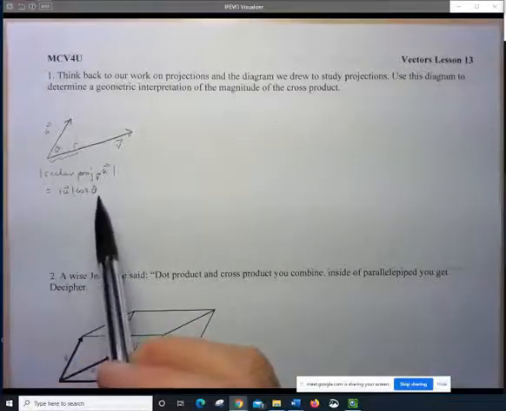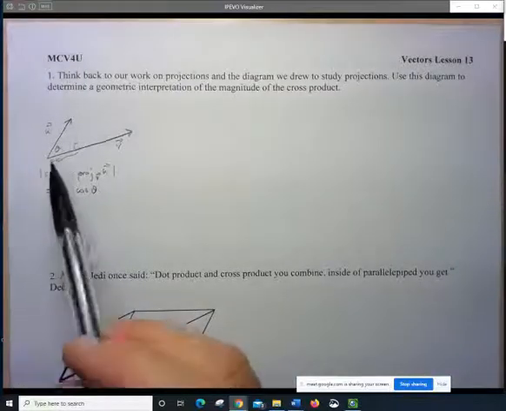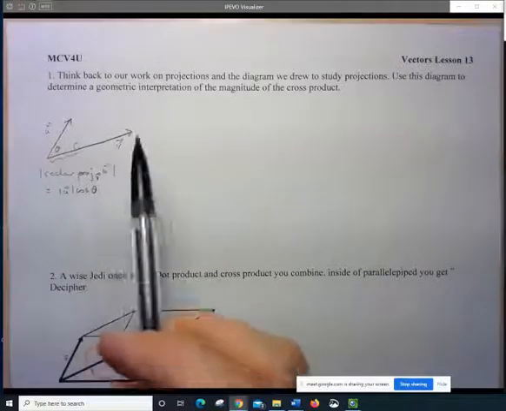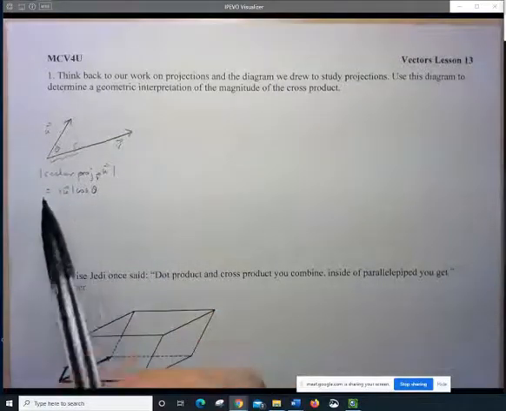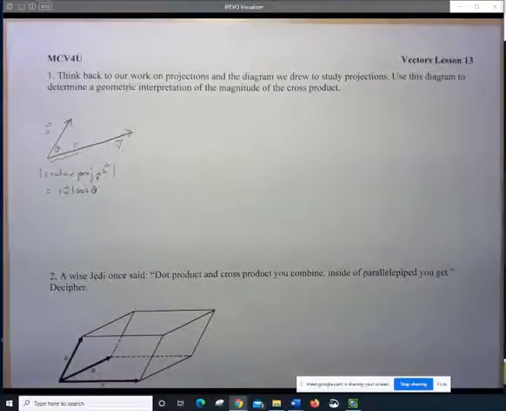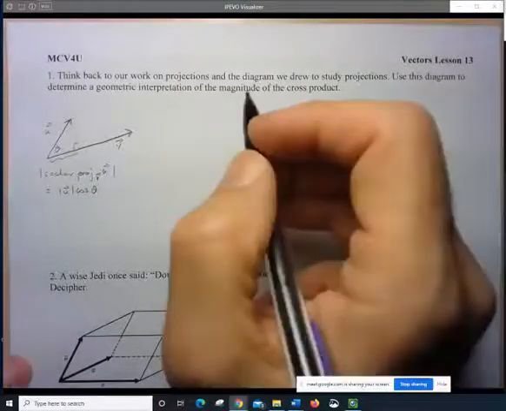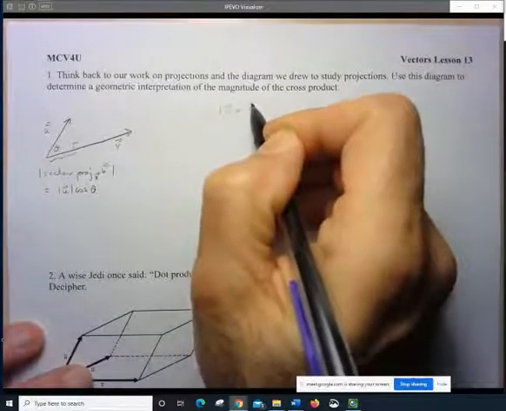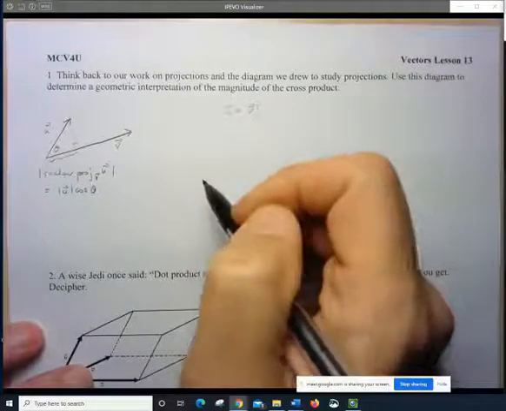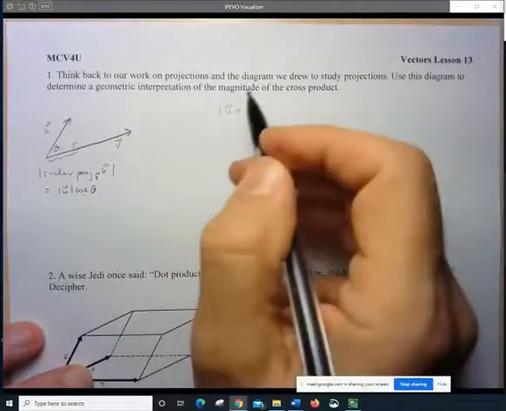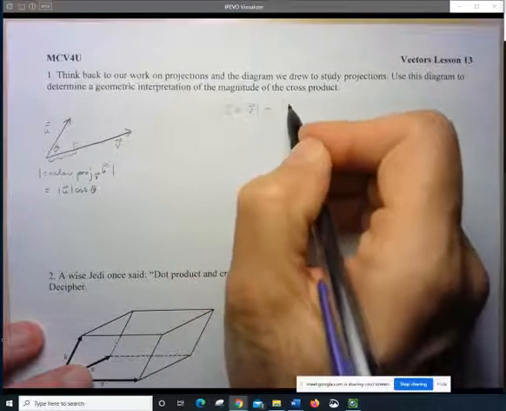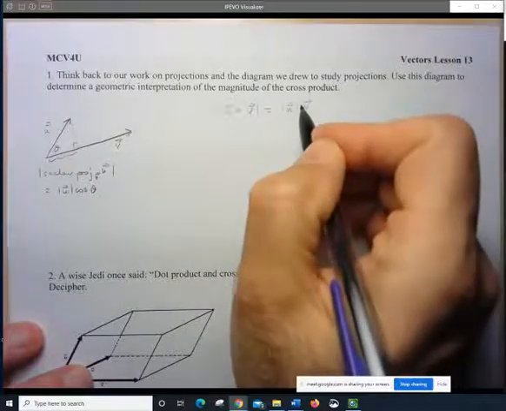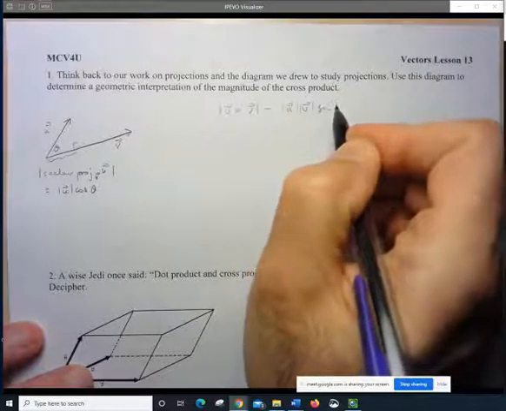You find the sine theta. So what does that represent on this diagram? And what does the full definition of the cross product represent? Remember that the magnitude of the cross product is equal to the magnitude of u times the magnitude of v times sine of theta.